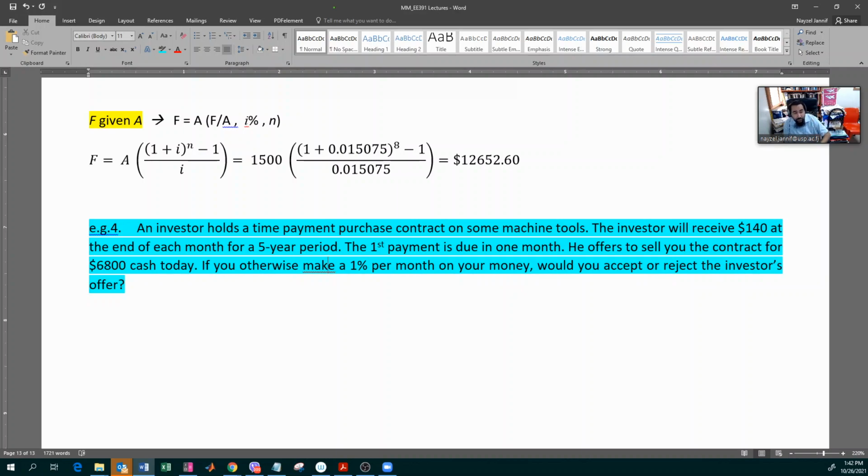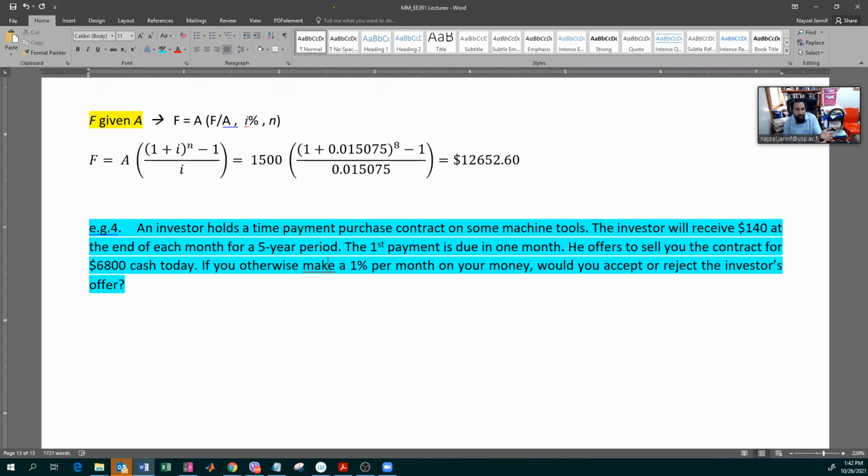So what is your annuity over here? It's $140, right? And it's monthly. And he's saying, hey, I'm going to sell you this business of leasing out this particular lease contract of $140 per month. I'm going to sell it to you for $6,800 today, right?